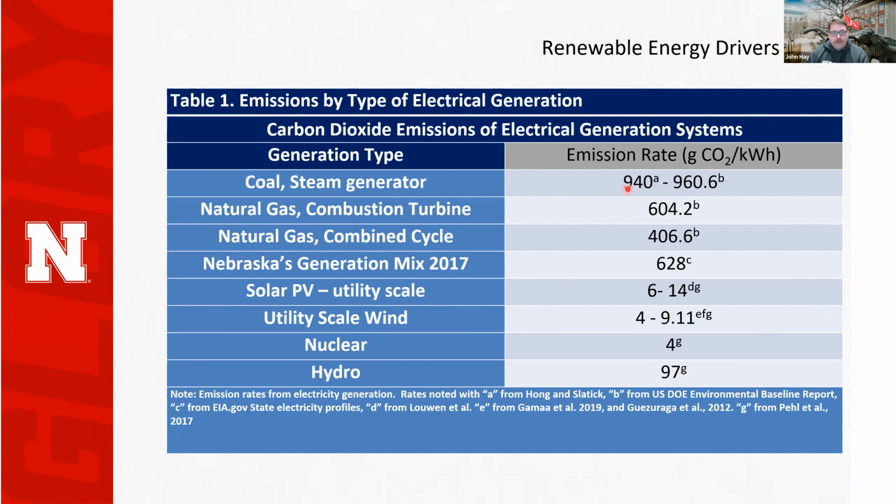So round that to 1,000. While wind is under 10 and solar is 5 to 15, essentially, grams of CO2 per kilowatt hour. So very, very low. Not 0, but very, very low compared to the resources that are fossil fuels. Coal, natural gas, combined cycle natural gas is much better.